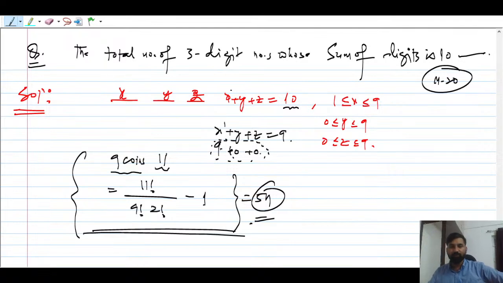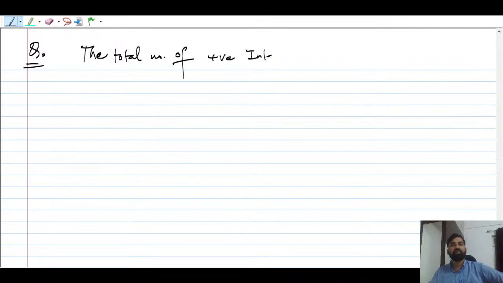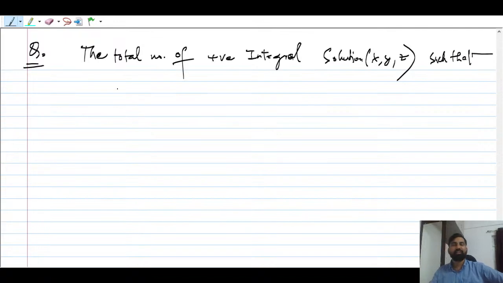Now let us take one problem. I think these problems are always ignored everywhere. The total number of positive integral solutions x, y, z such that xyz equals 24.